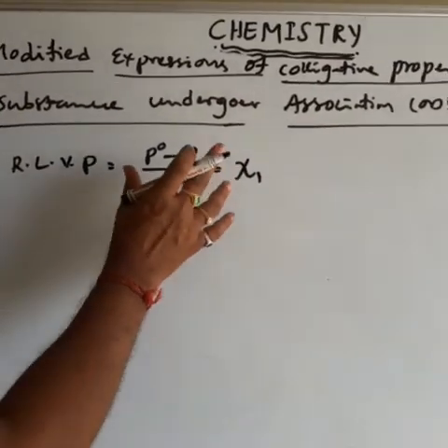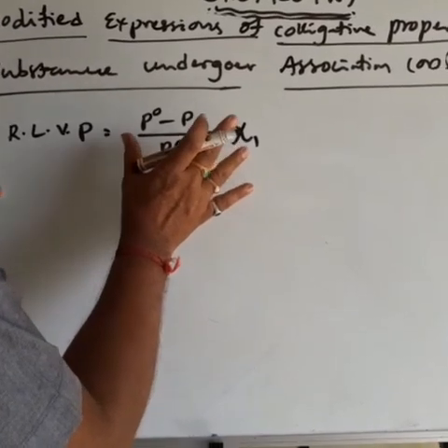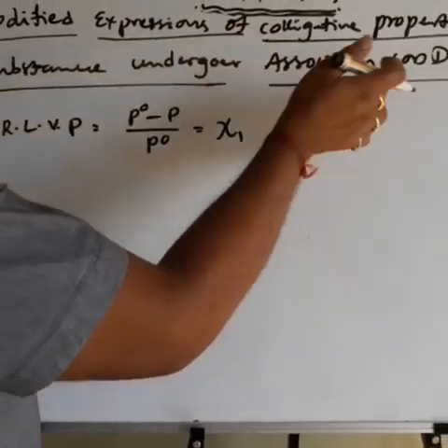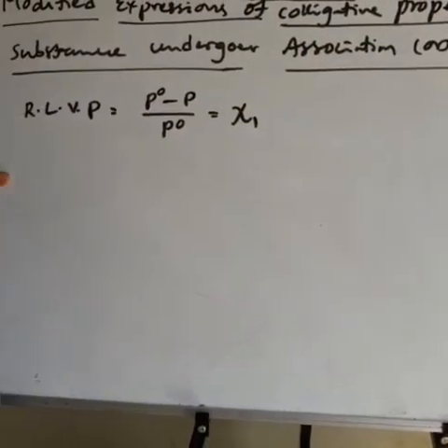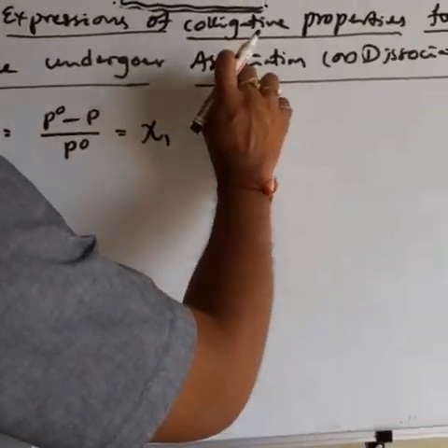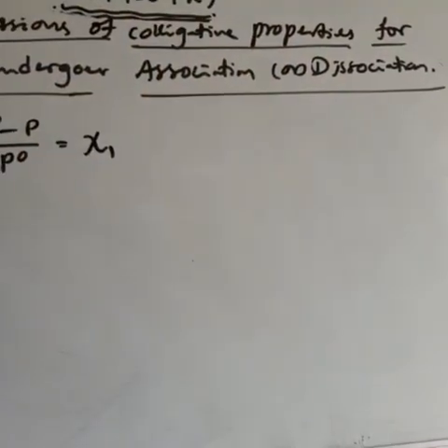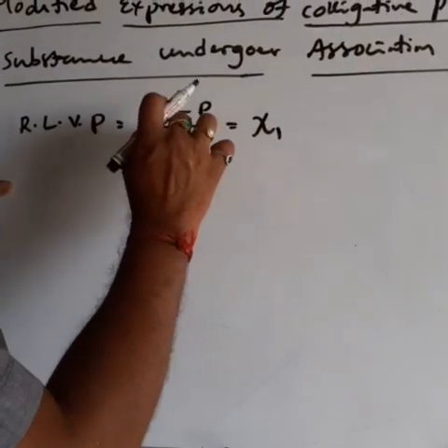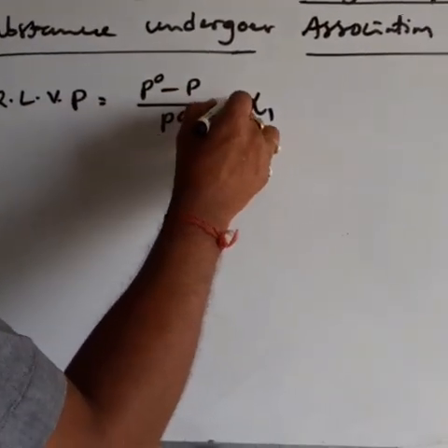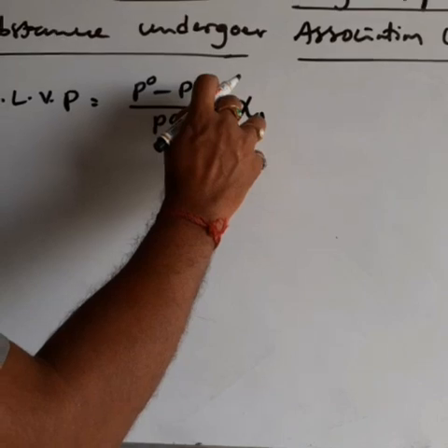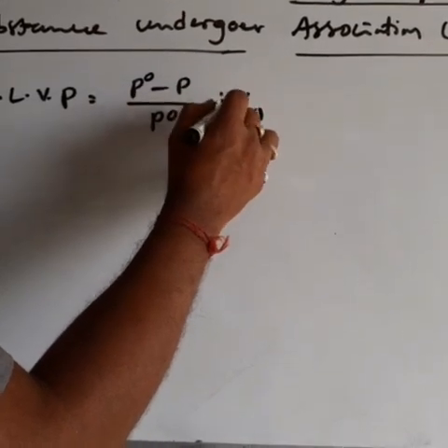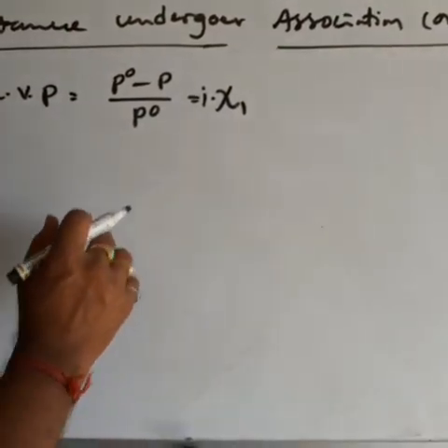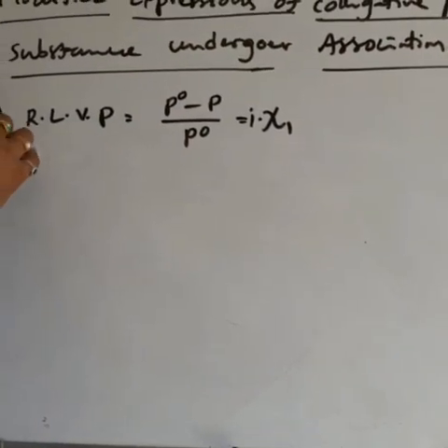This is the normal formula when the solute does not undergo association or dissociation. But due to association and dissociation, the formula is modified to (P naught minus P) divided by P naught equals i times the mole fraction of solute. So this is one of the modified formulas.